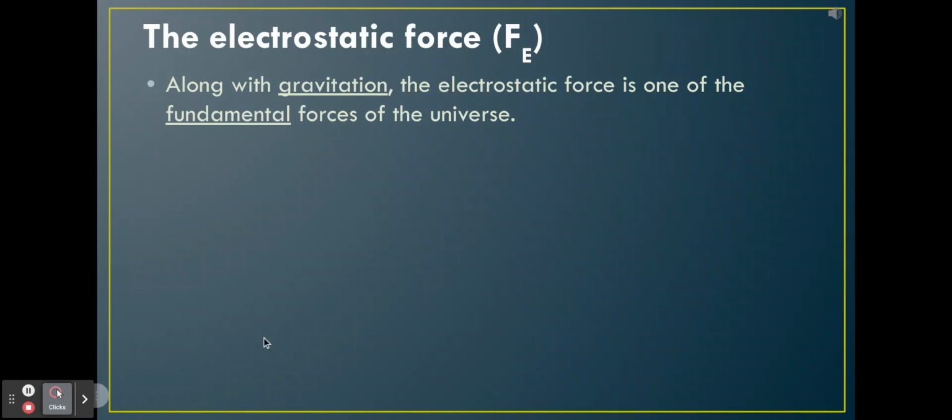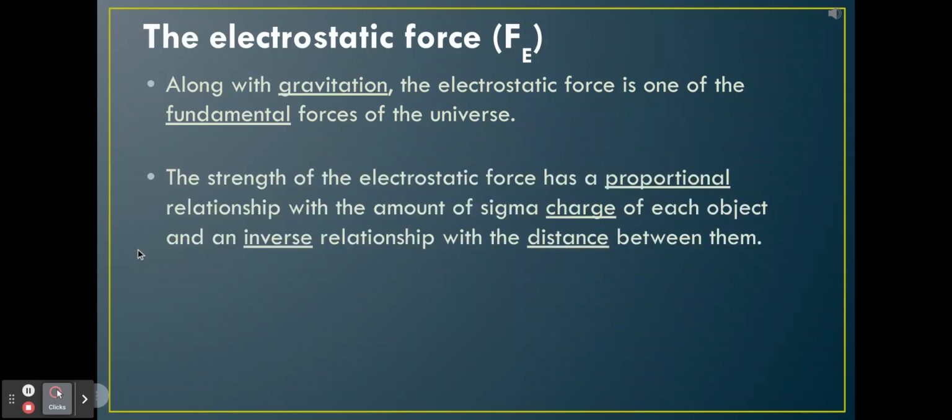So I'm going to talk about this as if we're talking about magnets. I don't want you to think that this is limited to magnets. In fact, it's a different mechanism, but it helps to imagine magnets when talking about the electrostatic force for what I'm about to say.